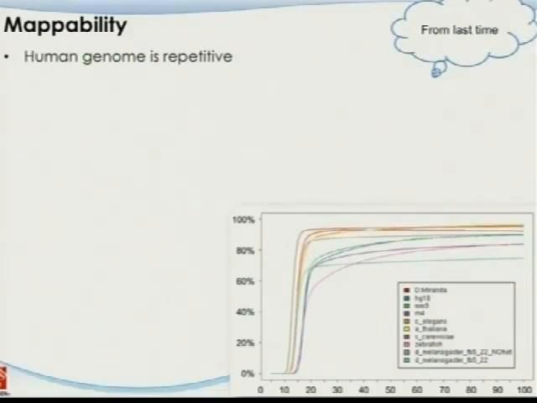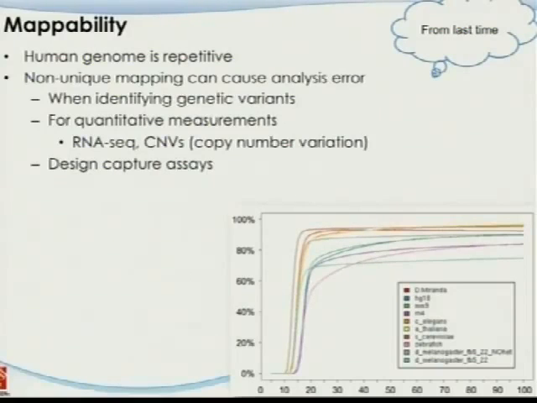If you go to 20 nucleotides, about 75% of the human genome you can uniquely map to. If you go to 30 base pairs of the reads, it goes to 78%, and then it reaches a plateau. Even though you increase the length of the read, it will not increase your mappability, because of the repetitiveness of the human genome.